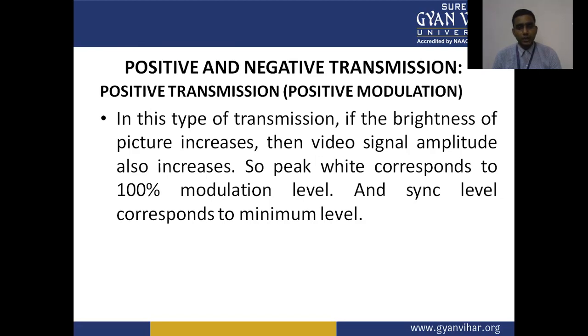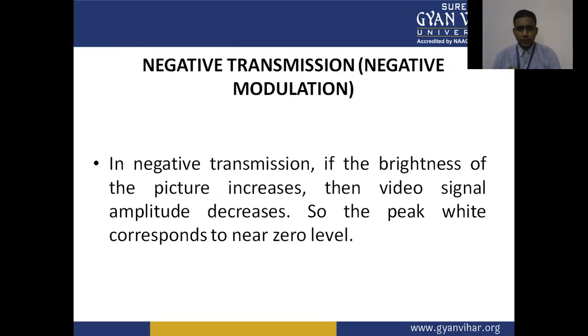So peak white corresponds to 100% modulation level, and the sync level corresponds to the minimum level. From this, we understand that the brightest part of the picture has the highest value of the video signal. When the brightness decreases, the amplitude of the video signal also decreases correspondingly.